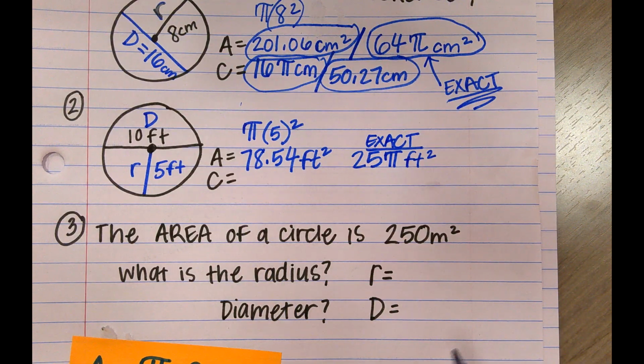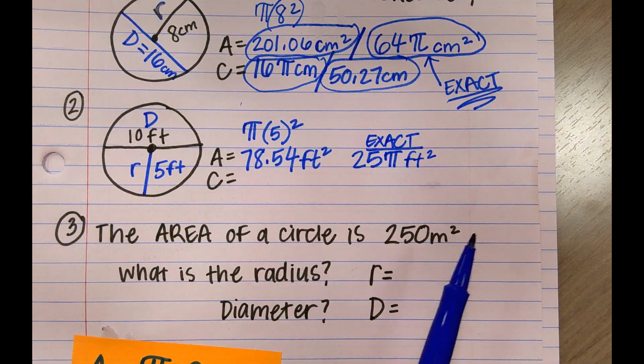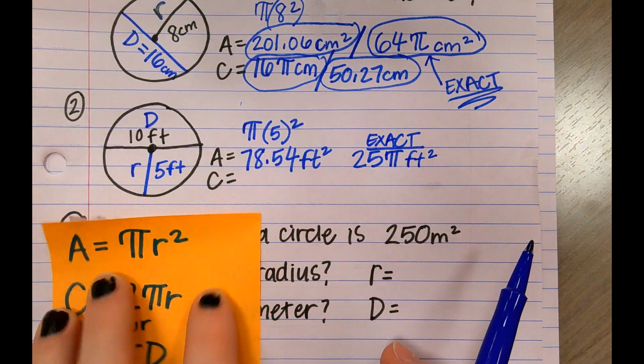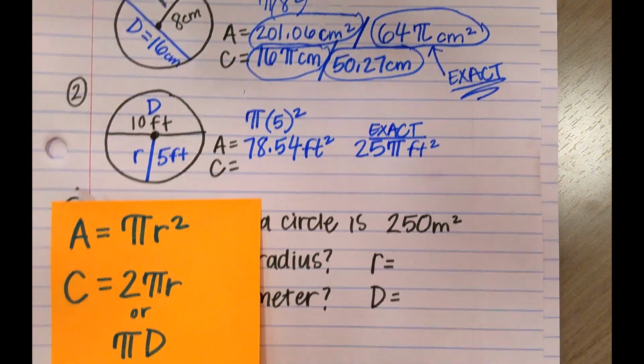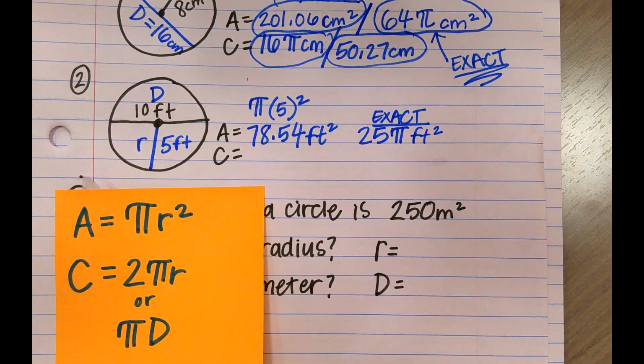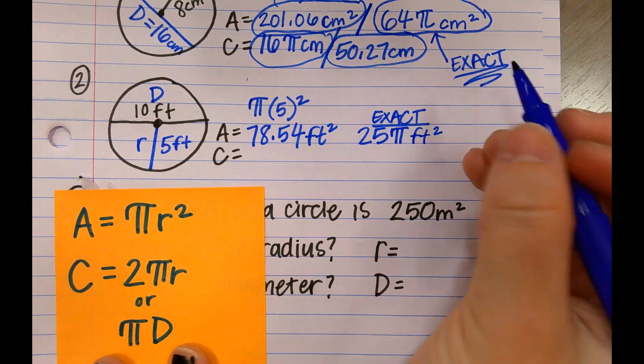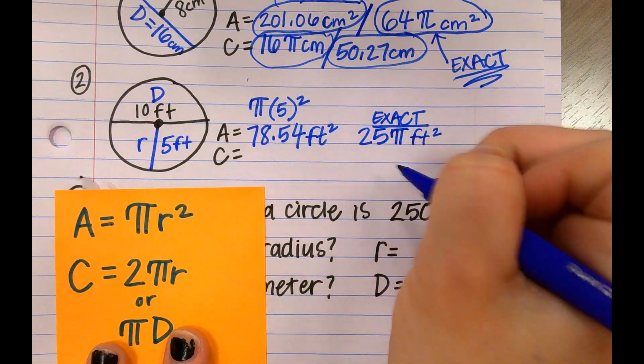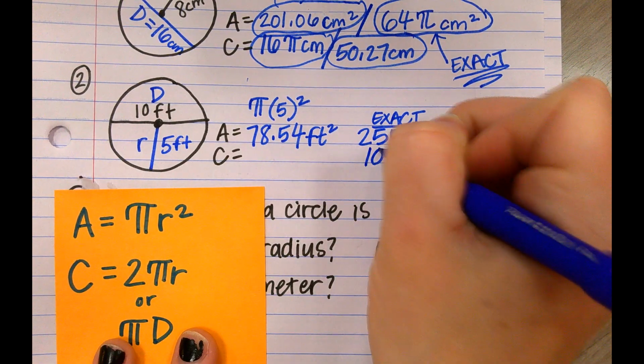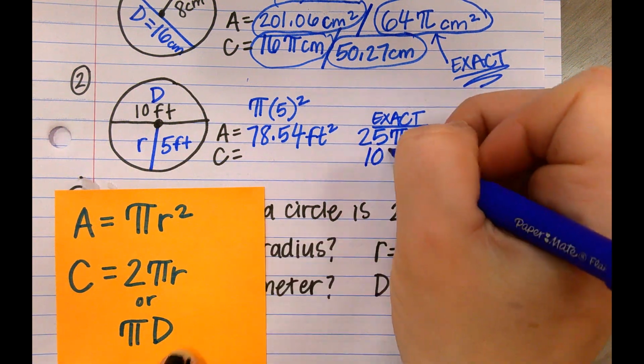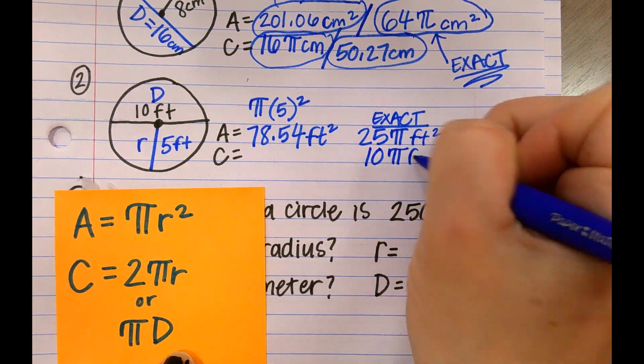How about the circumference? Pi times the diameter. What is the diameter? 10. So for exact, I'm just going to write 10 pi feet.